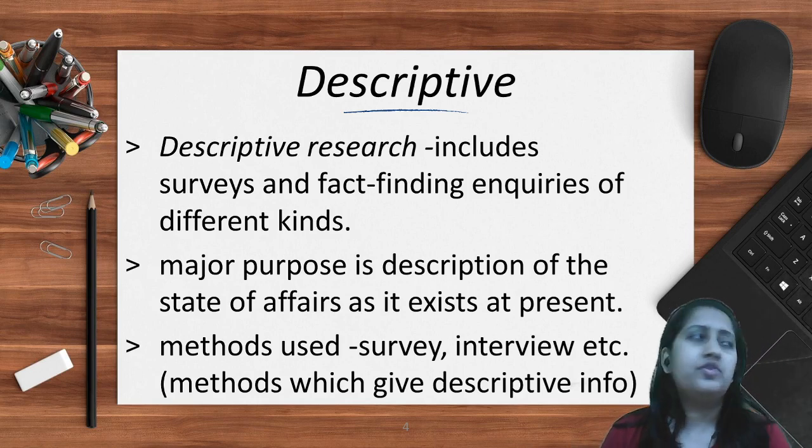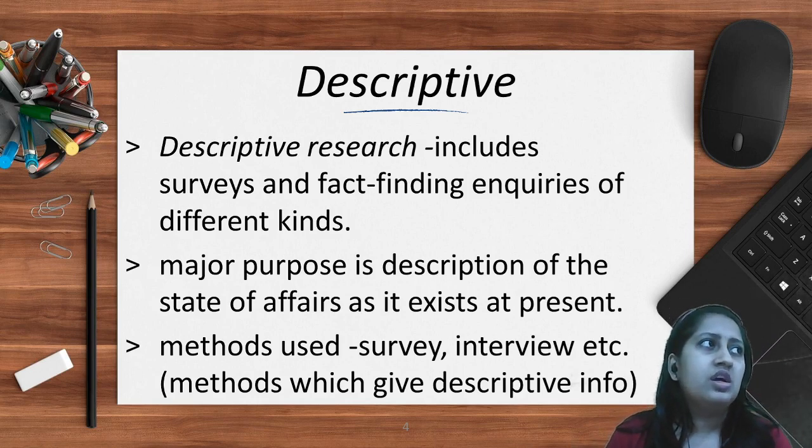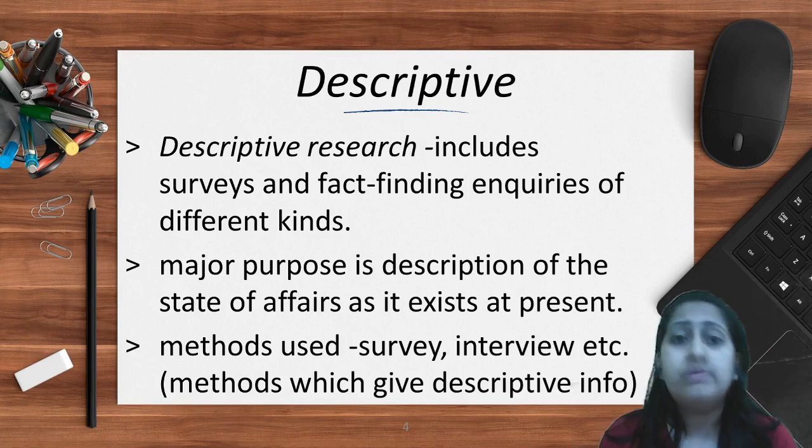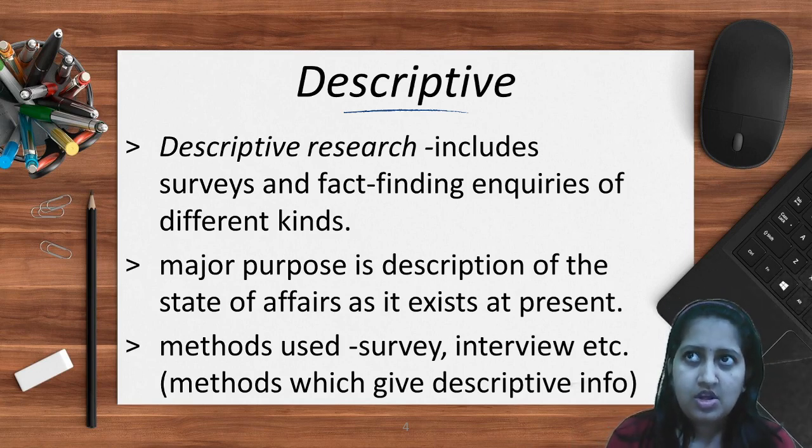So, for example, instead of just giving a questionnaire about your personality, you are asked open-ended questions that describe your personality. What do you think? You know, are you an introvert or an extrovert?